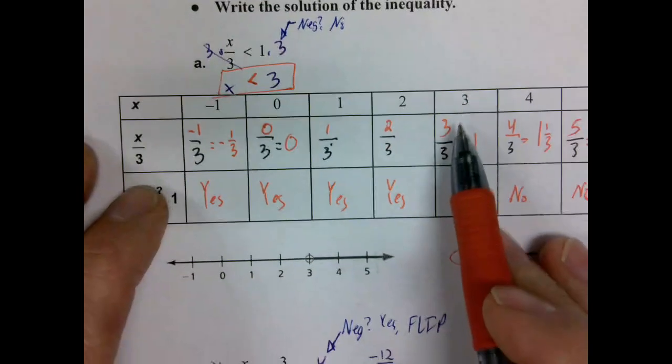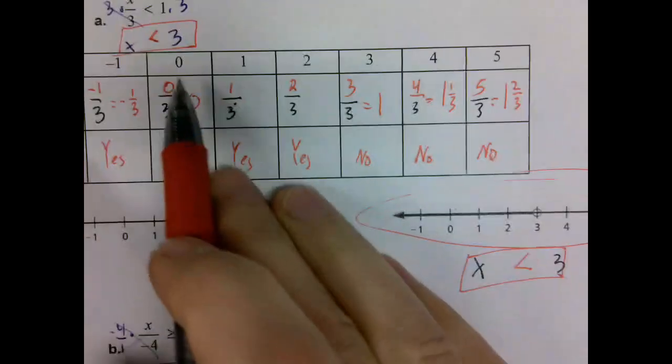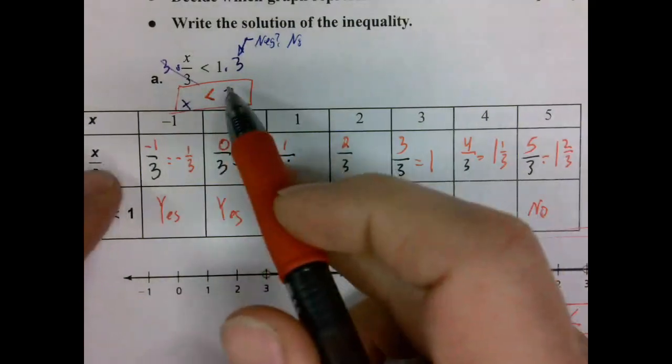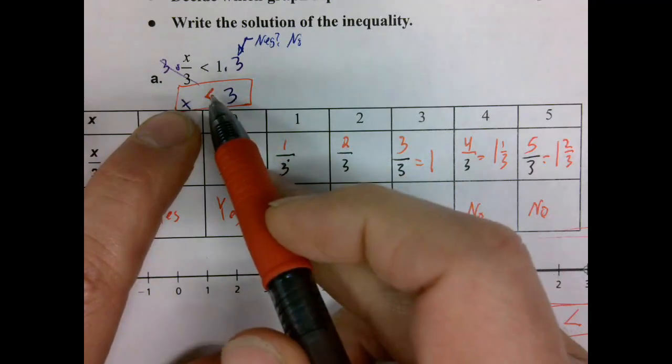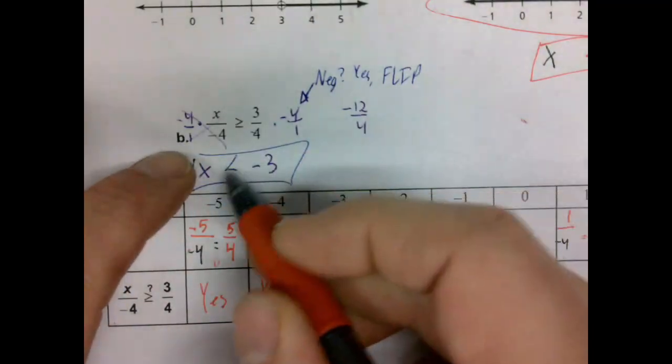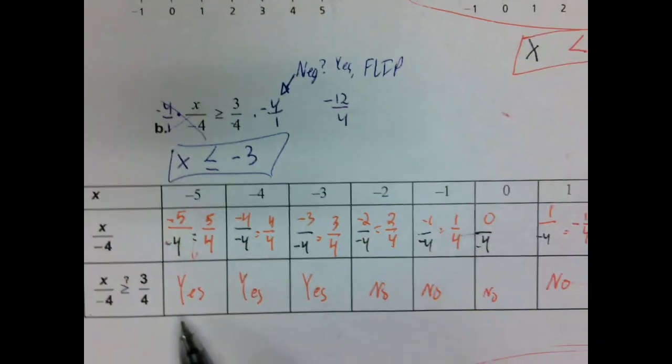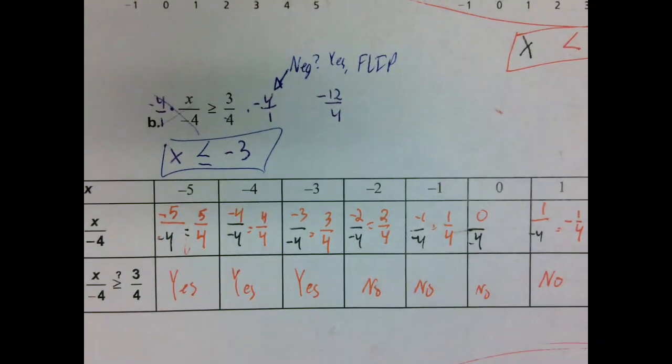X less than 3, that's what we found out as well. The numbers that work had to be less than 3. That's the same thing from our graph. So when we multiply or divide by a positive, nothing happens. But when you multiply or divide by a negative, we have to switch the sign because the negative with the variable changes. It flips the numbers that work.